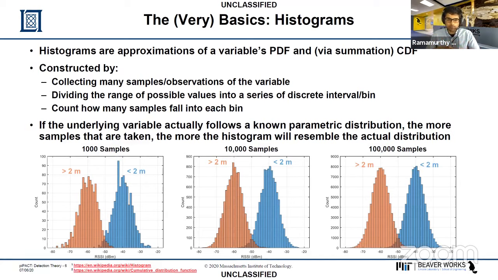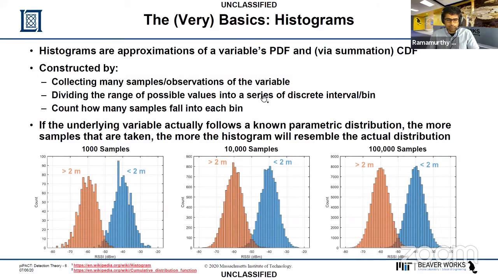And the very basic version of this empirical distribution is what's called a histogram. Histograms are just approximations of a variable's PDF. They are directly approximations of the variable's PDF, and if you sum these, i.e. integrate, you'll get the CDF.